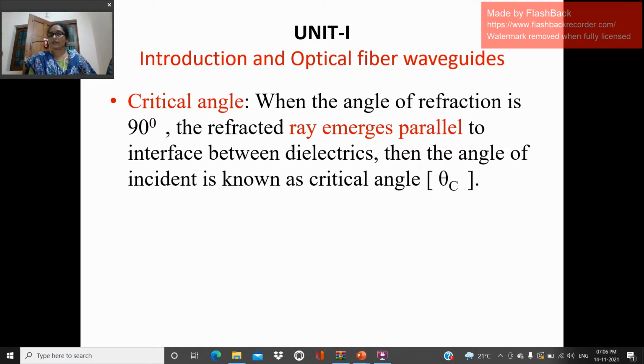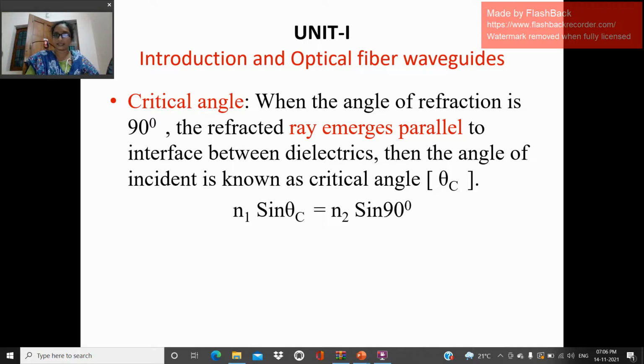When the angle of refraction is 90 degrees, the refracted ray emerges parallel to the interface between the dielectrics. The ray emerges parallel to the interface line between the two dielectrics. Then the angle of incidence is termed the critical angle, and it is written as theta c.